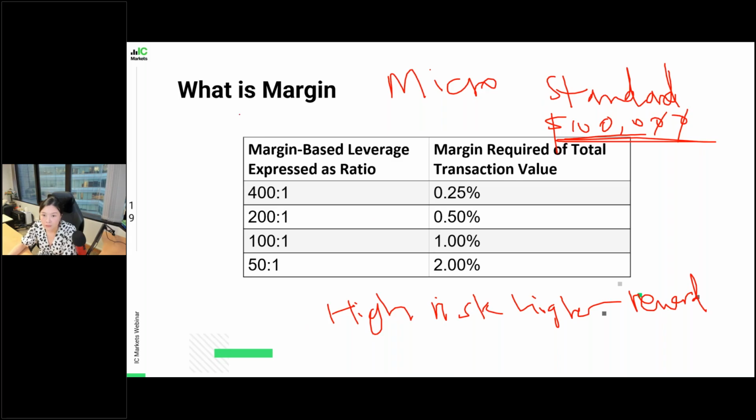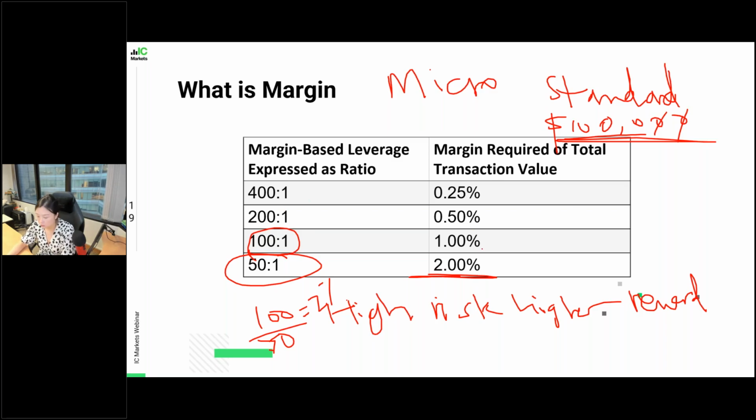So what is margin? For example, if you see on a page that they give you a margin of 50:1, it means 2%. How do we get that? What I do is take 100 and divide by 50, so you get 2%. Likewise 100 divided by 100, 100 divided by 200, 100 divided by 400.